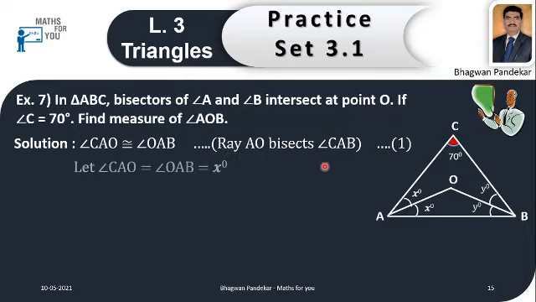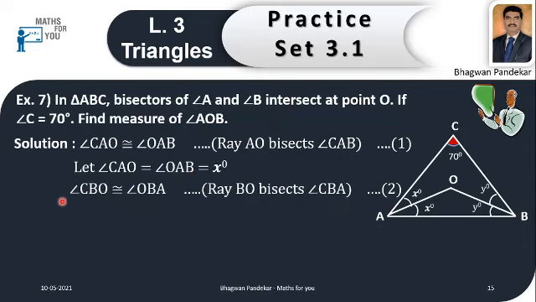Equation number 1. Let angle CAO is equal to angle OAB is equal to x degree. Therefore, angle CBO congruent angle OBA. Reason is ray BO bisects angle CBA. Equation number 2. Let angle CBO is equal to angle OBA is equal to y degree as shown in the figure.